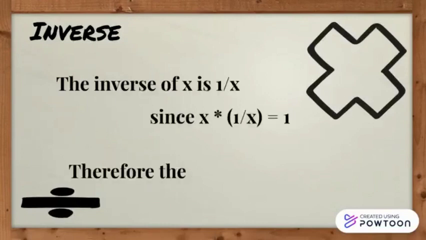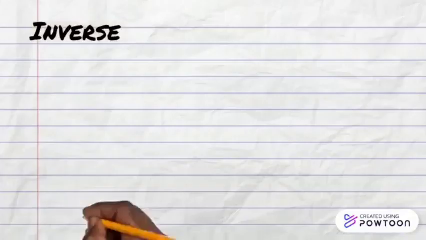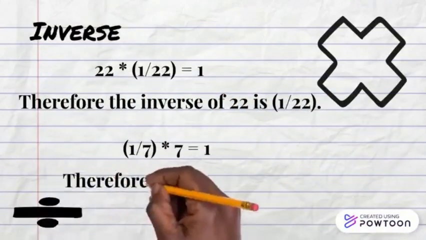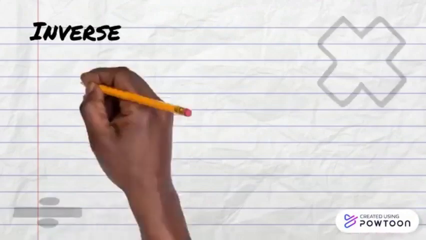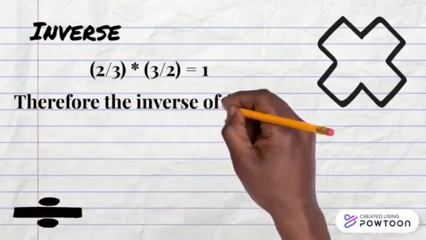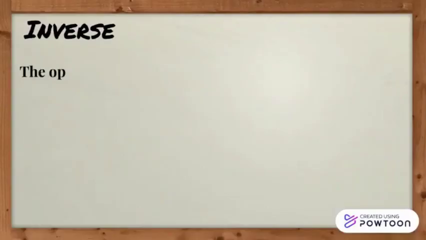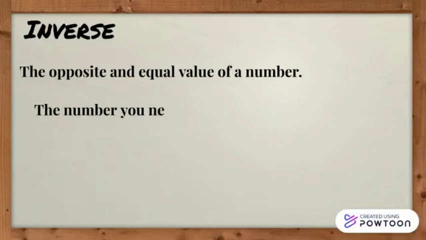The reciprocal of a number, simply put, is the answer you get when you divide 1 by that number. In other words, the reciprocal of 2 is going to be 1 divided by 2, which is half. The reciprocal of 1/7 is going to be 7/1, or simply put, just 7.